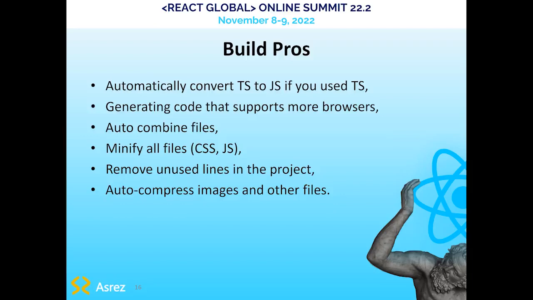It will remove all of the unused lines in the project and auto-compress the image files, and the build system is also able to convert image formats, for example, from PNG to JPG, or compress all of the images, crop, resize, and convert all image formats to WebP or anything you want, which are already developed in the build systems.